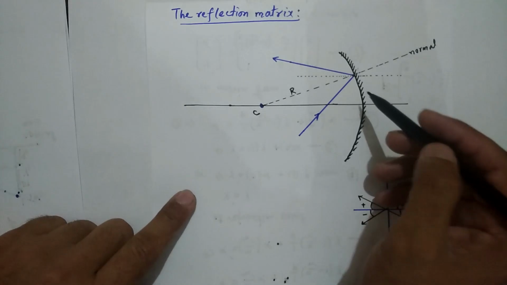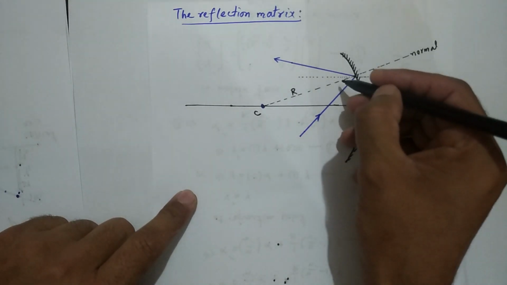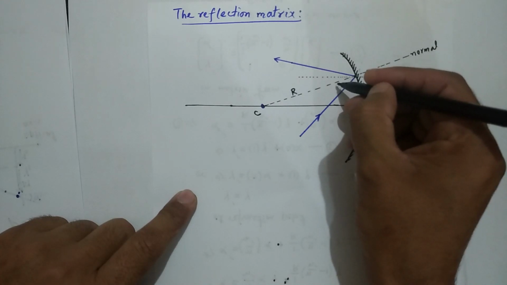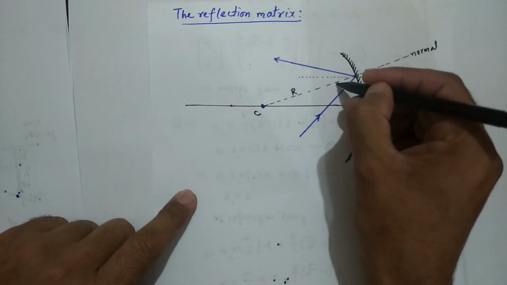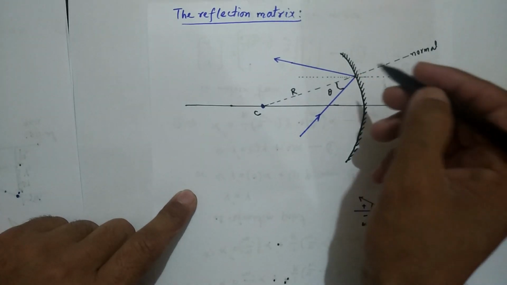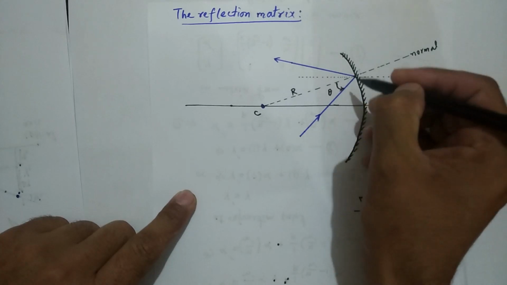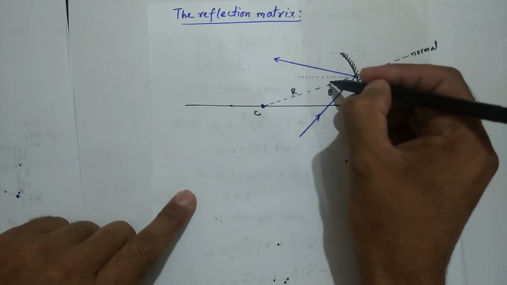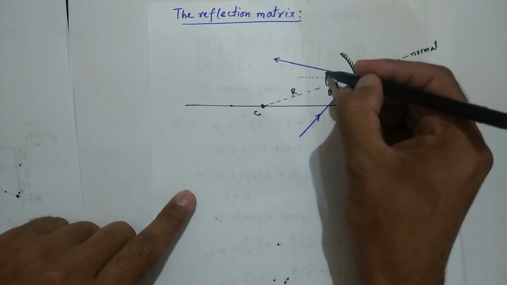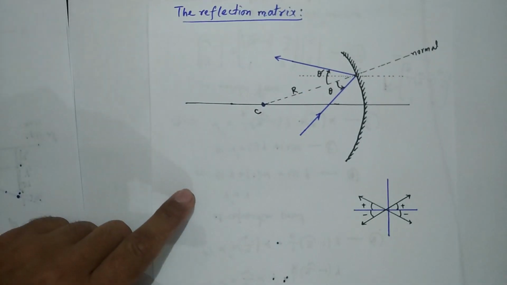So from our previous knowledge we know that the angle of the incident ray with the normal is represented by theta, and the angle of the reflected ray with the normal is represented by theta prime.